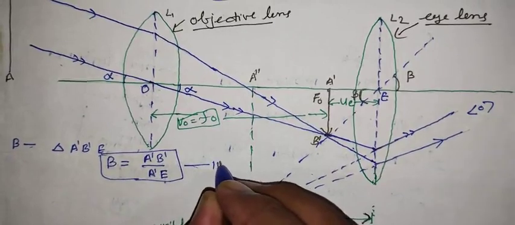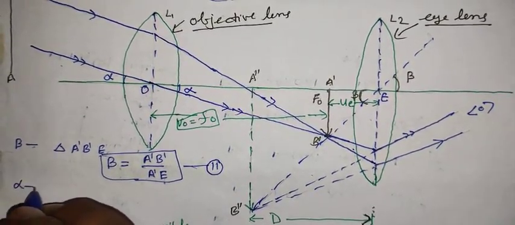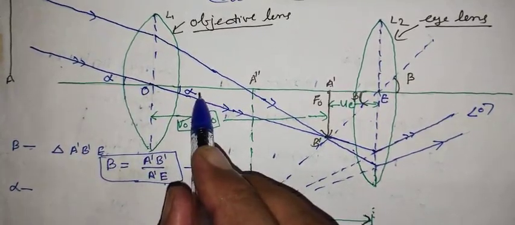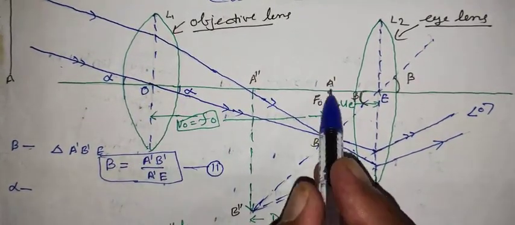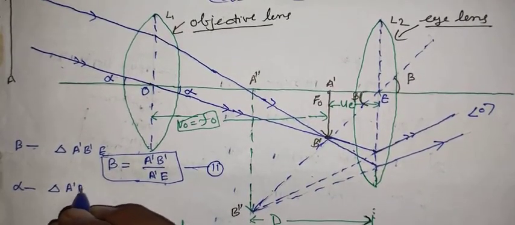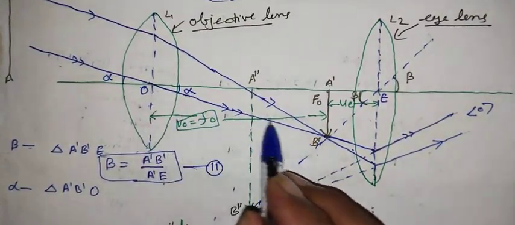Represent it as equation number 2. For determination of alpha, this is the visual angle alpha, and this angle is also alpha. We are taking a triangle here, again triangle A'B'O, a right angle triangle.